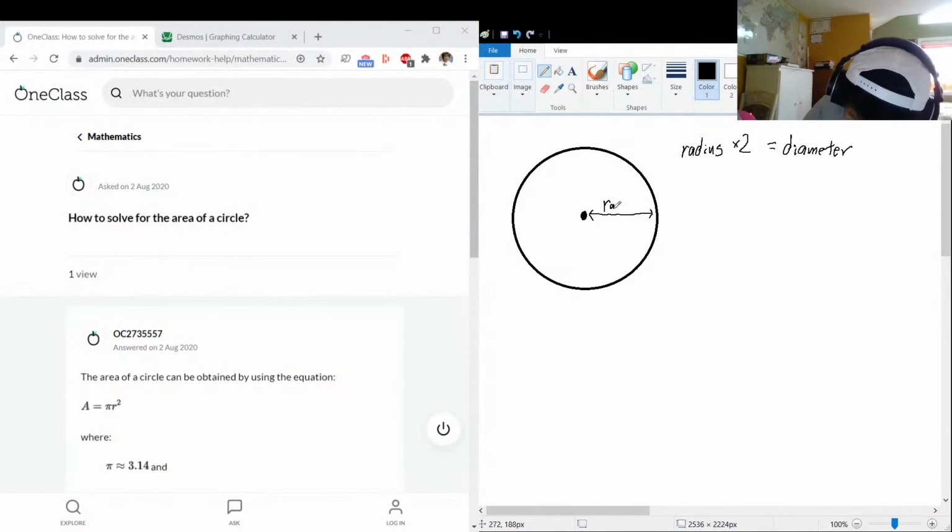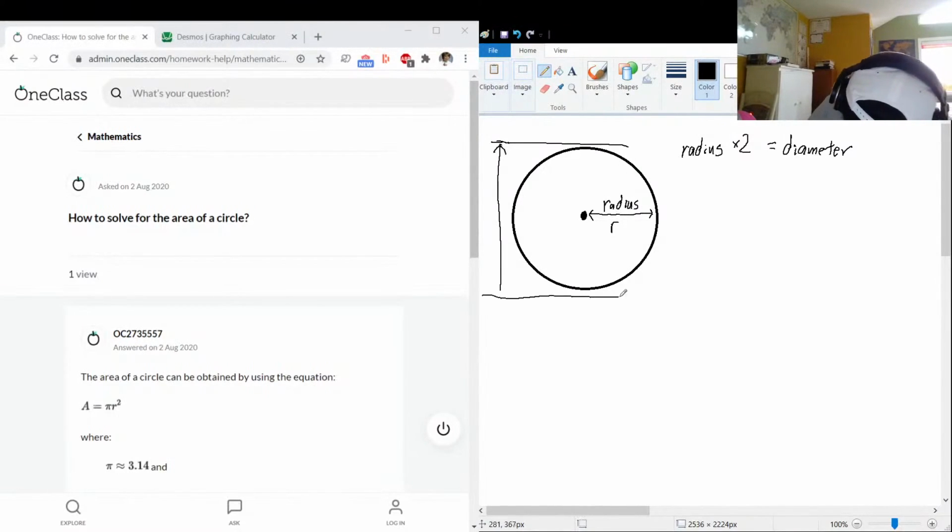So this is the radius. Often we will call it just r. And the diameter, being twice that, is like this. And this is the diameter.